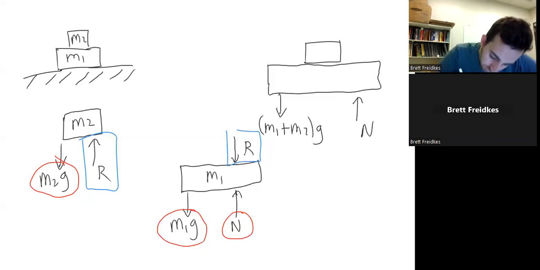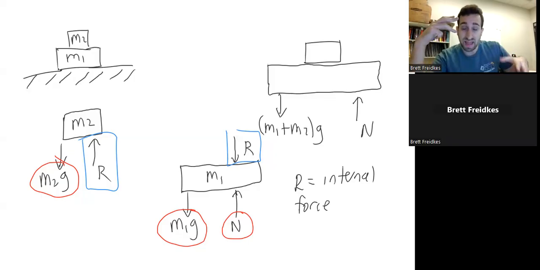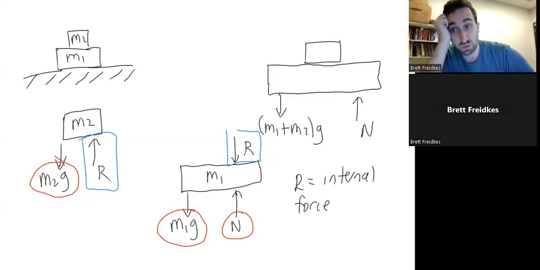That R is what we will call some sort of internal force. If you looked at the system as individual parts, you'd see that there's some internal force that exists. But when you combine them and you're just looking at it from an outside perspective, we have only the forces that are acting along with the Earth, basically, at the ground. Those reaction forces don't play a role if you're looking at it as a whole system.